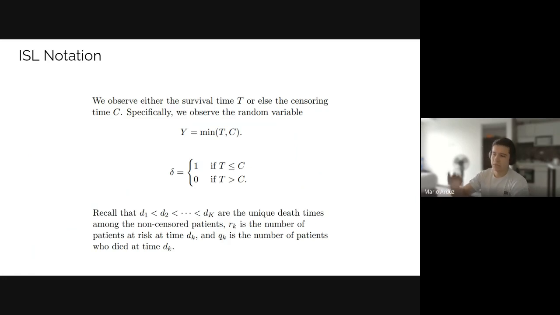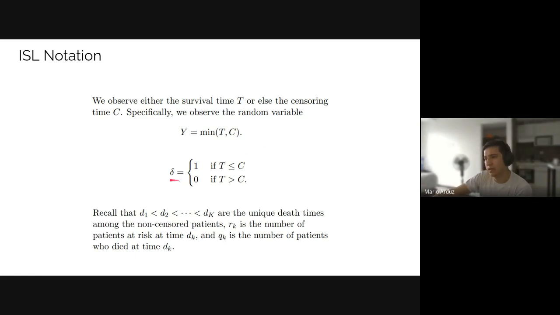So here, just to talk a little bit about some of the variables that we are going to see, especially in the calculation of the survival function. Let me repeat again that we are only going to look at a random variable that is going to be either the minimum of the true value or the censored value. The censored value would be when the patient is still alive until the end of the study, or if the patient drops out in the middle of the examination.